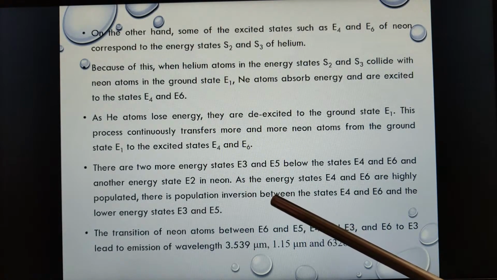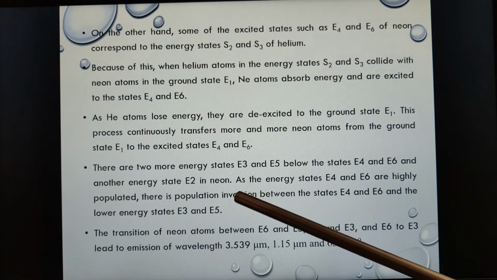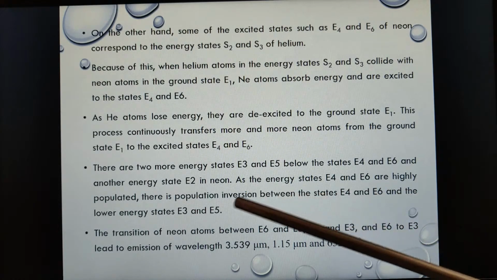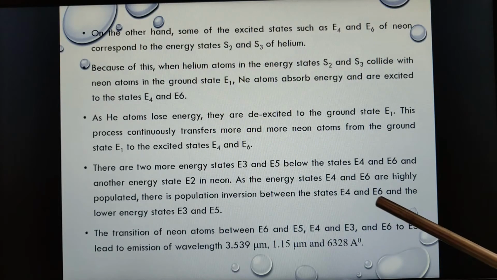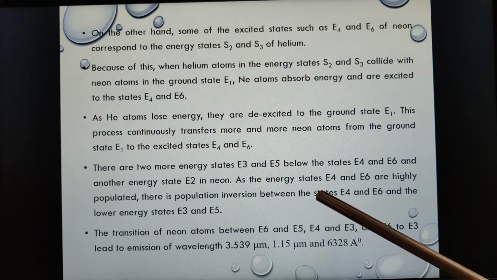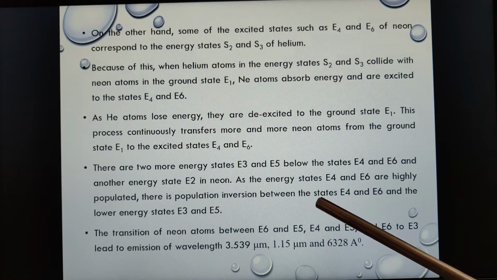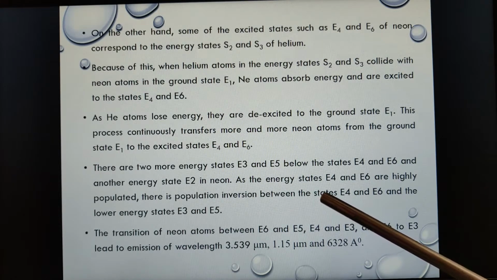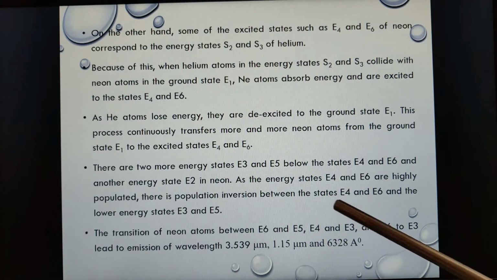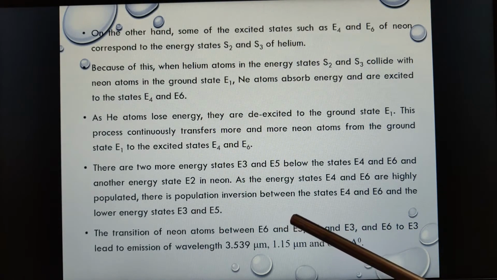As the energy states E4 and E6 are highly populated, there is population inversion between the states E4 and E6 and the lower energy states E3 and E5. So in this case, population inversion occurs between the states E4 and E6 and also E3 and E5.